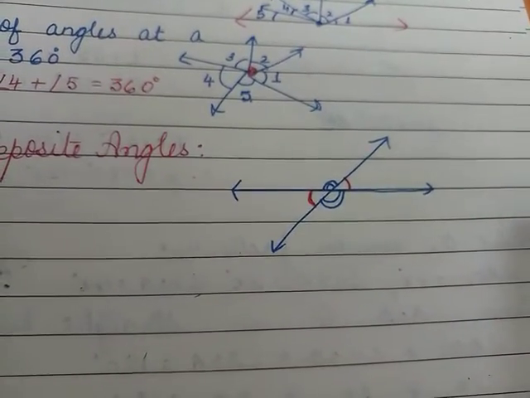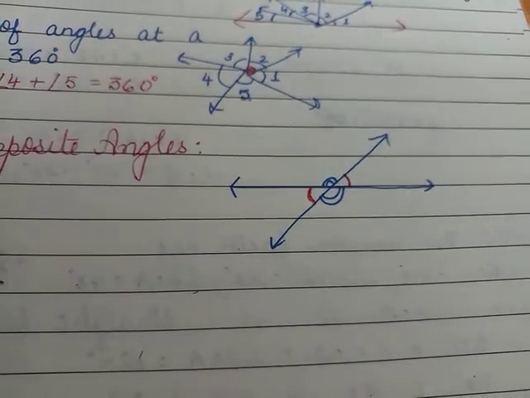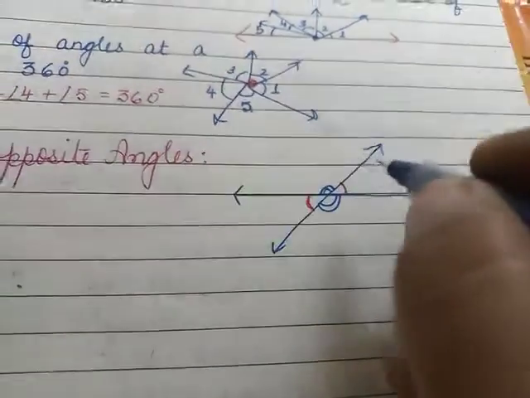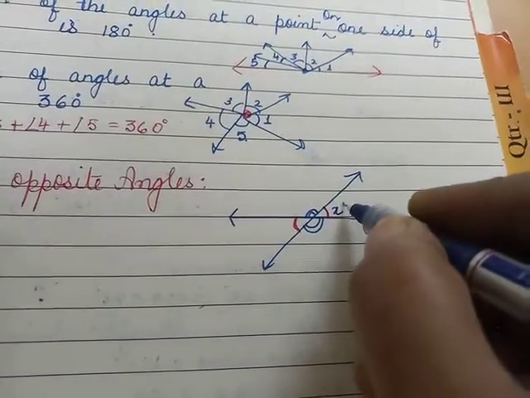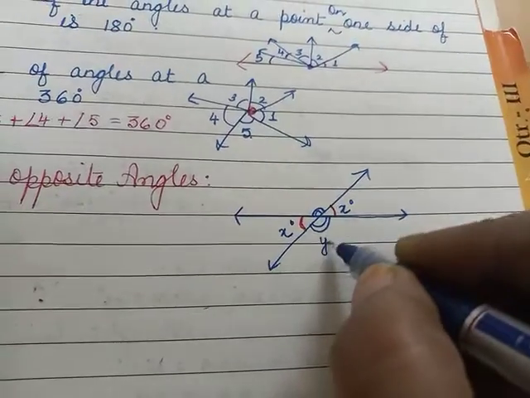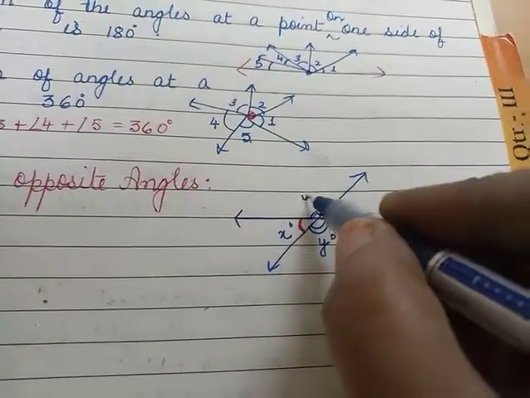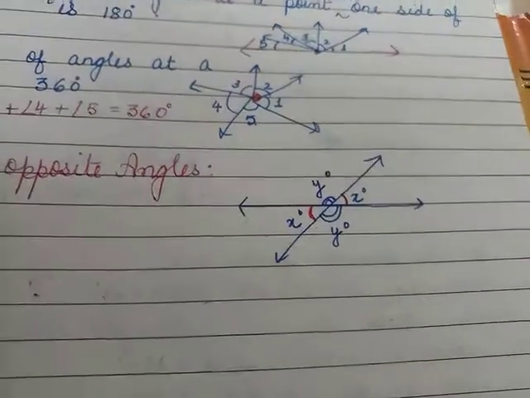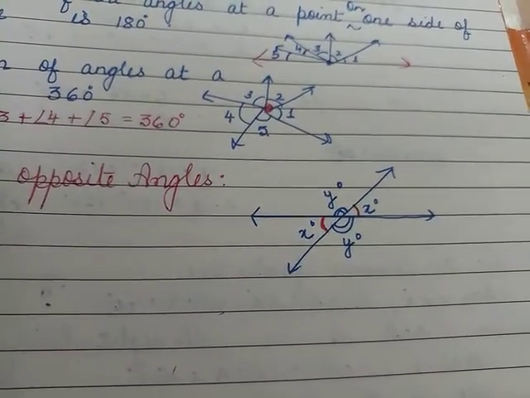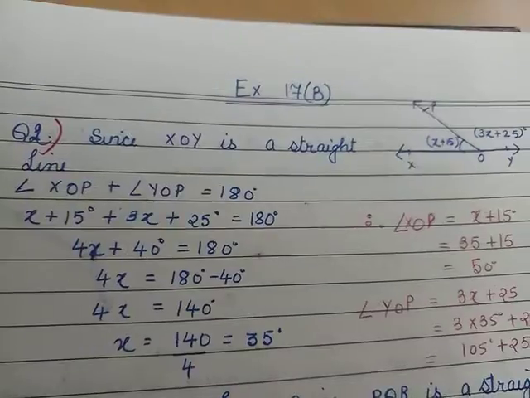Remember, children, that vertically opposite angles are always equal in measurement. Suppose this is x degrees. So this is also going to be x degrees. If this is y degrees, this is also going to be y degrees. The measurement of vertically opposite angles is always equal.